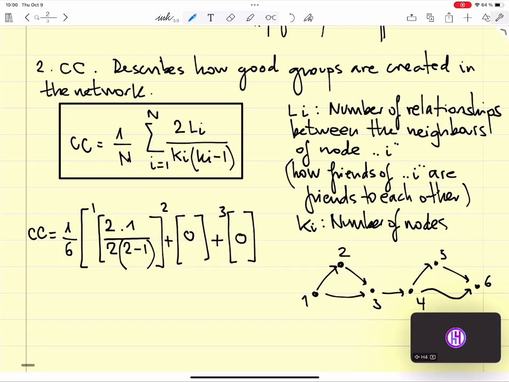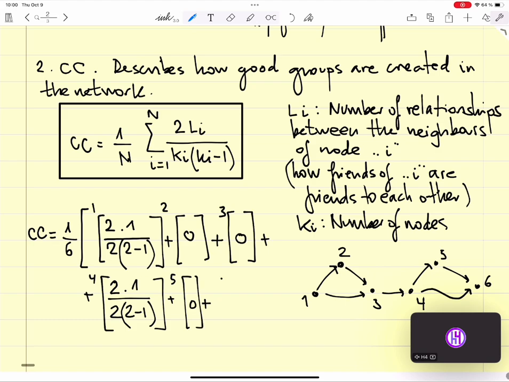Node 4. How many neighbors do we have? 5 and 6, right? Are they connected? Yes. So 2 times 1 divided by 2 neighbors times (2 minus 1). Node 5 is 0, node 6 is also 0. Okay?